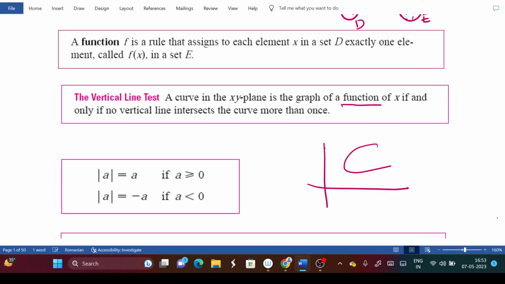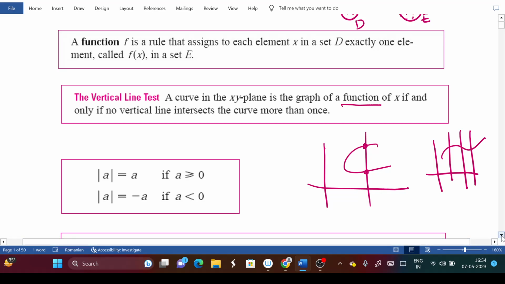It is not a function because at this point, the curve intersects this line more than once. So it is not the graph of a function. But in this one, you draw any line, it is not intersecting the curve at 2 points. So such a structure is the graph of a function.